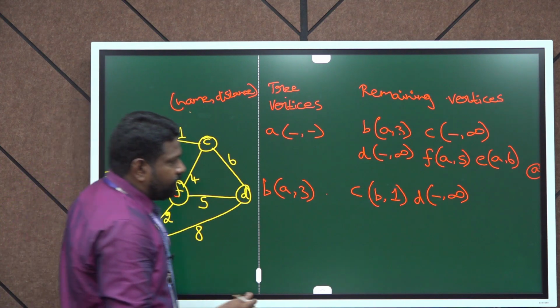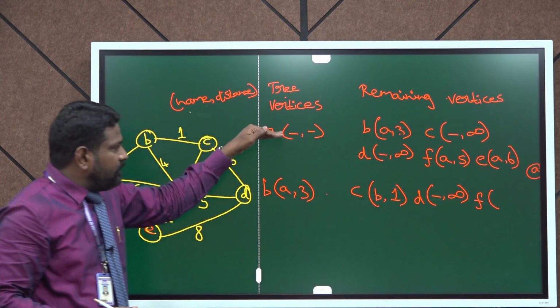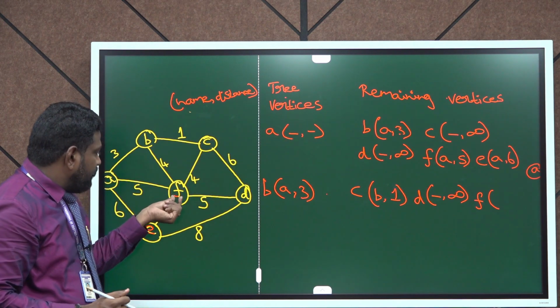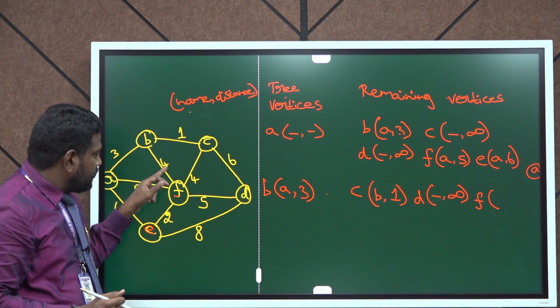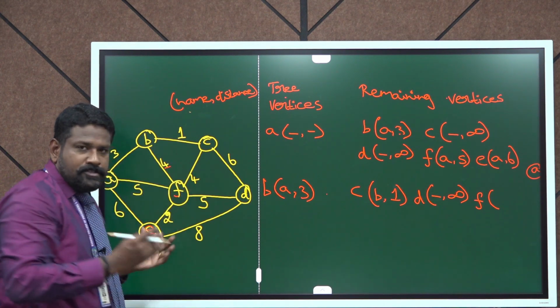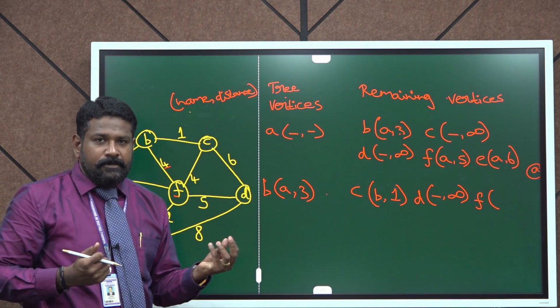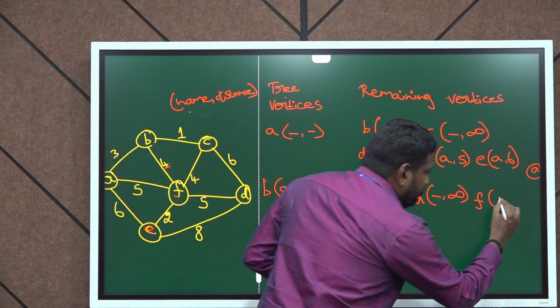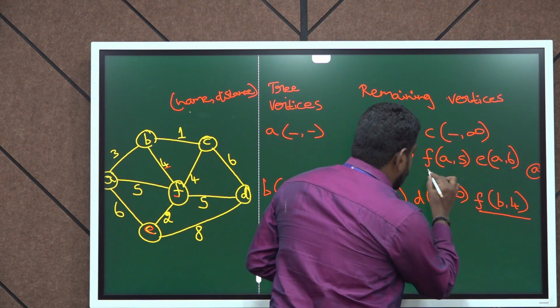And for F, now you can see in the previous step from A to F it is 5, but from B now the distance value is 4. So we have to make a comparison and take the minimum value. So here it is going to be B comma 4. Here you can see the difference.